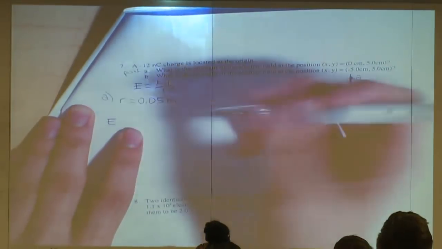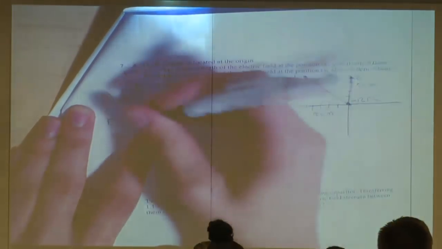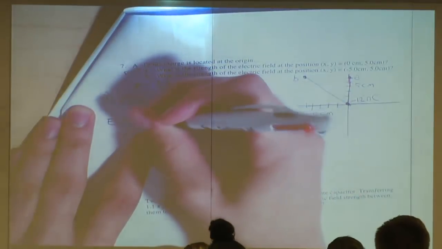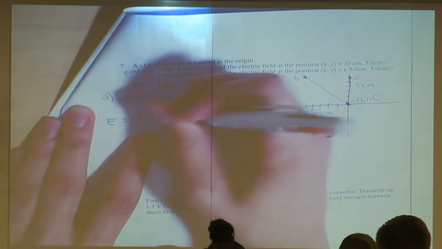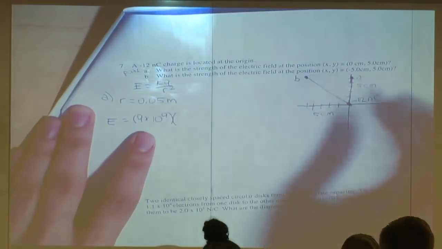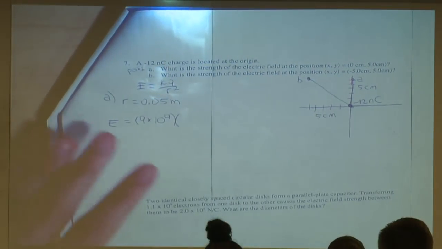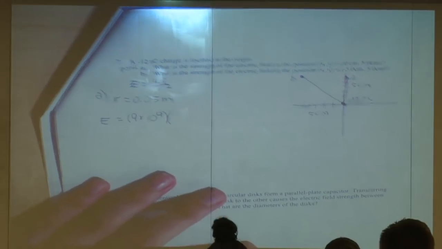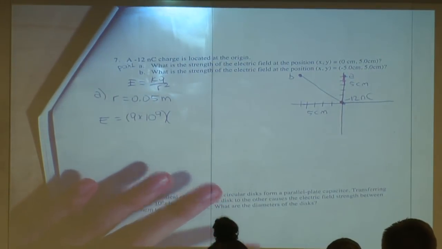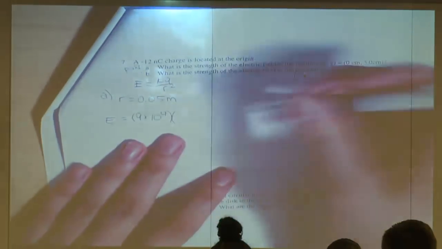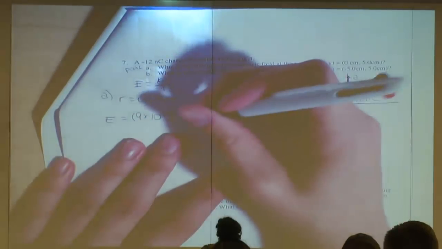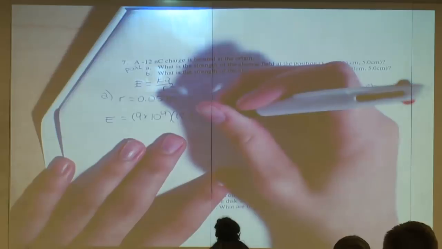Okay, so the electric field is going to be KQ over R squared, so 9 times 10 to the 9th, that's what K is, and that's given to you. Q, we already said it's negative 12 nanocoulombs. For this one, the sign of the charge is not important. I probably should have said magnitude, but we're just going to say positive 12, so 12 times 10 to the negative 9th.